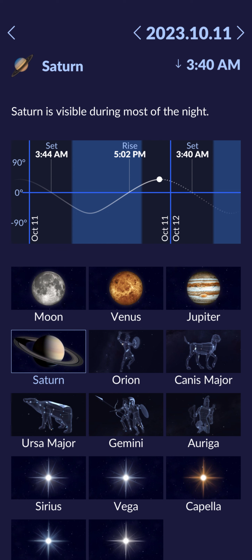So for Saturn, on October 11th, it rises at 5 p.m. and it sets at 3:40 a.m. So you can see it in between, and you can tell almost at which time it's gonna be at its peak in the night sky.